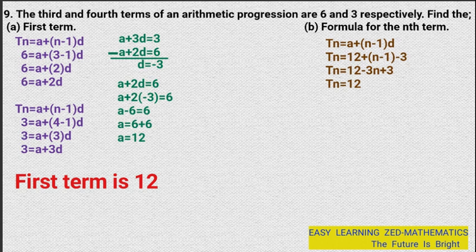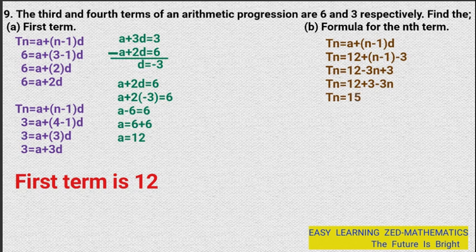So that is 12 plus 3 minus 3n. Then I'm going to evaluate 12 plus 3, which gives me 15, so Tn is 15 minus 3n.